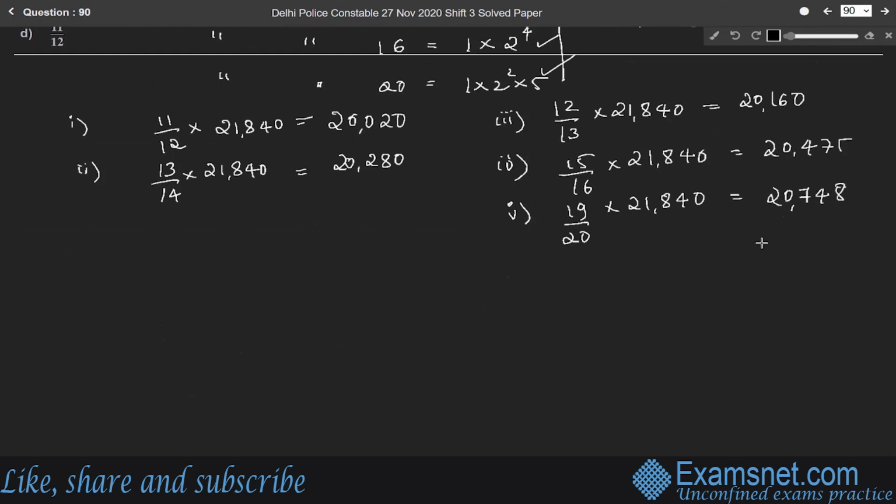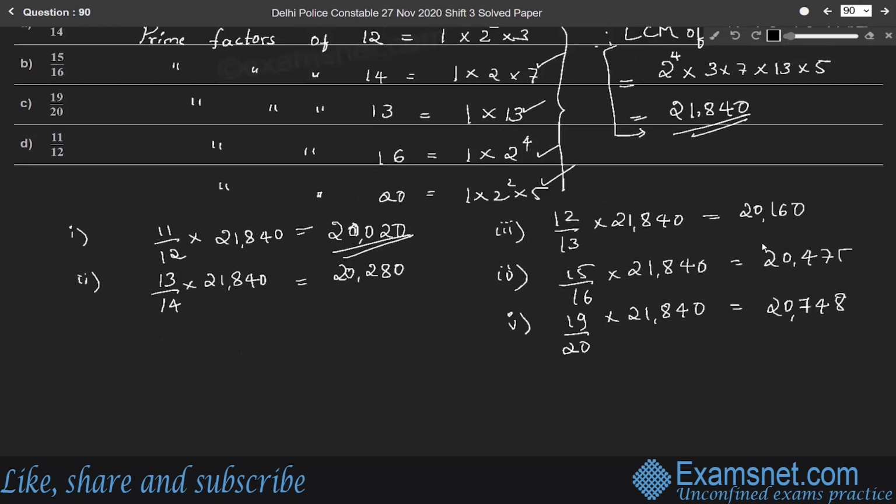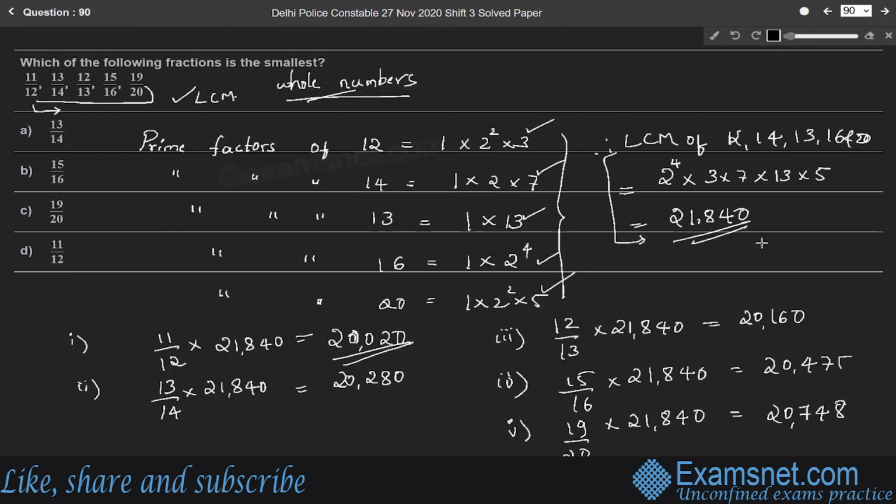So here the least value is 20,020, which is 11 by 12. Therefore, the smallest fraction is 11 by 12, which is option D. Right.